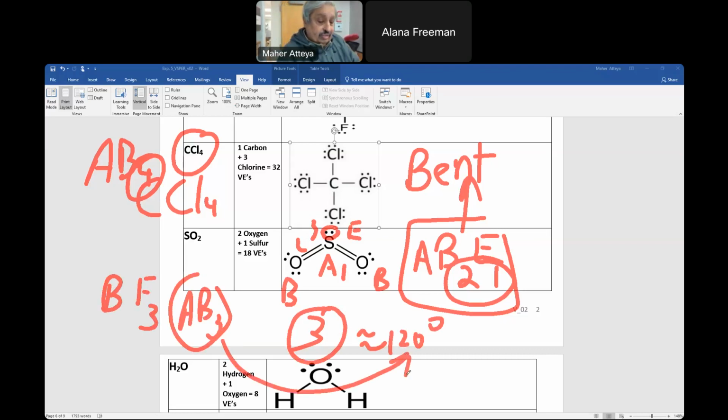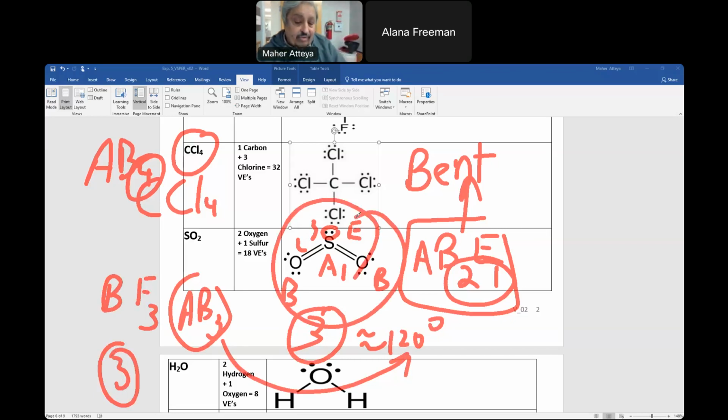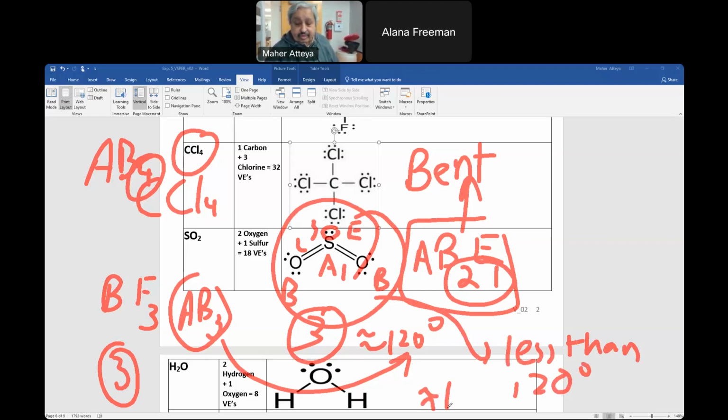This is 3 zones as well. However, because of the lone pair it will be suppressed, less than 120 degrees. So maybe around 118 degrees or so, because we have a lone pair.